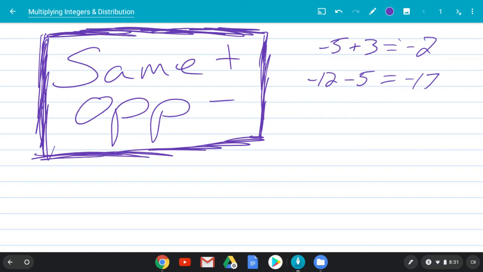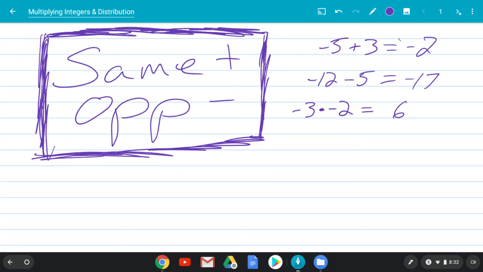Well, the same thing holds true with multiplication and division. Now, I don't feel like we have the same issue with multiplication and division as we do with addition and subtraction. But I want to show you how this still works. If I have -3 times -2, well, first of all, 3 times 2 is 6, and a negative times a negative, or if my signs are the same, my answer is going to be positive.